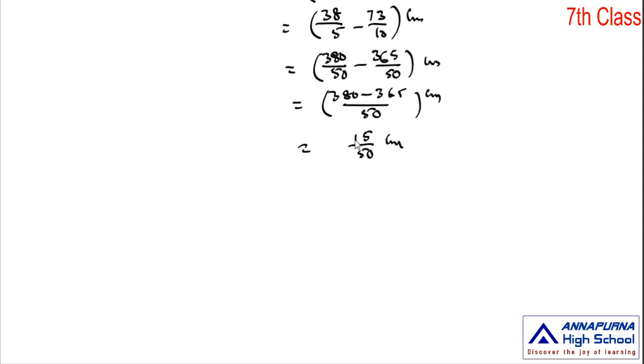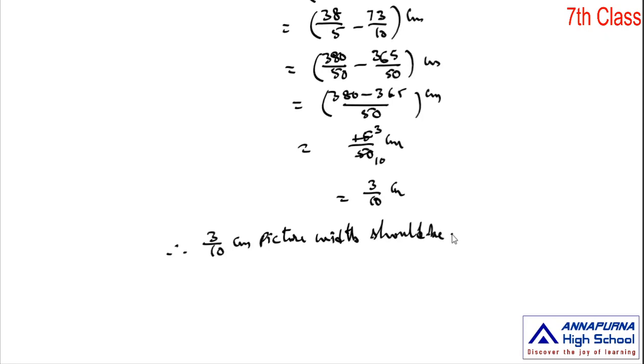Or we can simplify it. In 15 and 50, we can cancel by 5. 5 3s, 5 10s, which is equal to 3 by 10 centimeters. Therefore, what is this 3 by 10? 3 by 10 centimeters picture width should be trimmed. This is the answer.